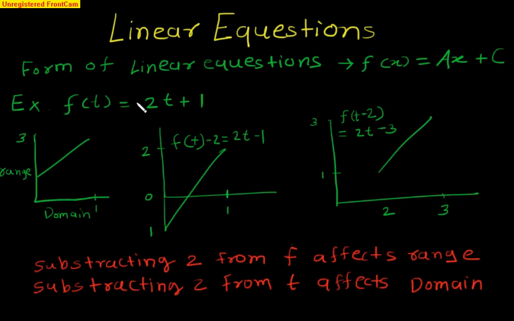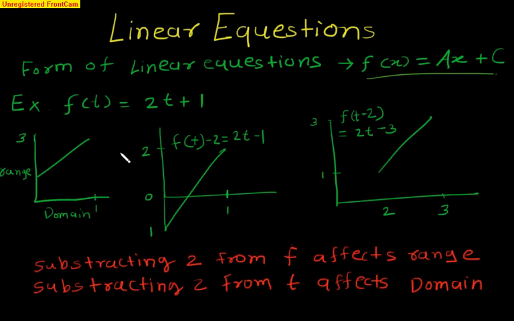Now I have written a very simple example of a function. I have chosen a straight line, of the form ax plus c. This is the general form of a straight line, and for example f of t is equal to 2t plus 1. See here, this is a simple graph.